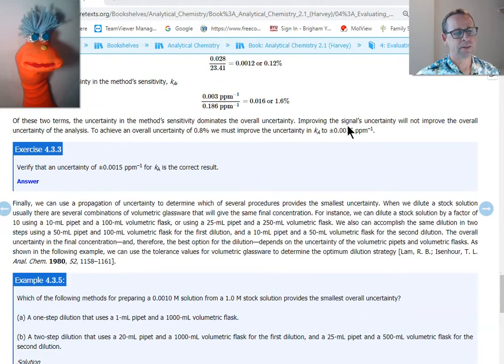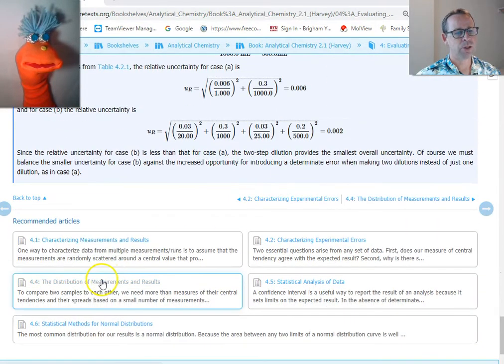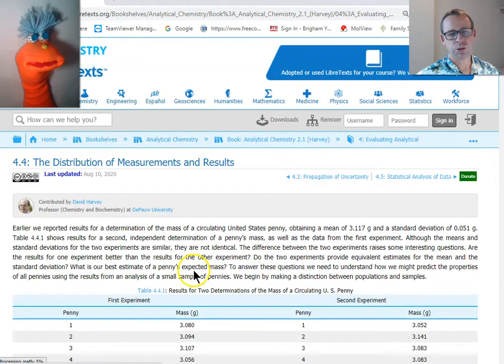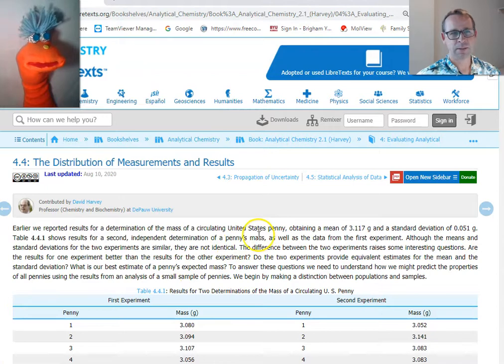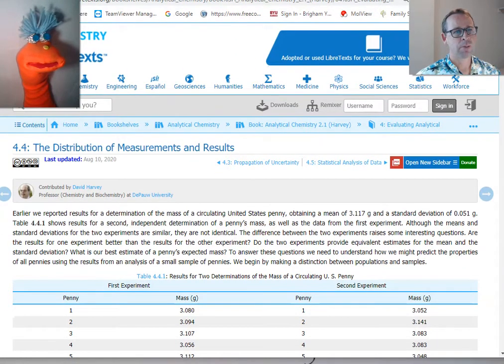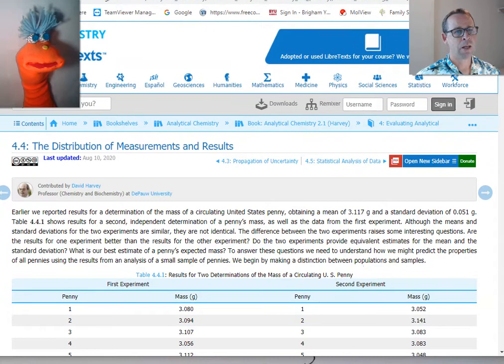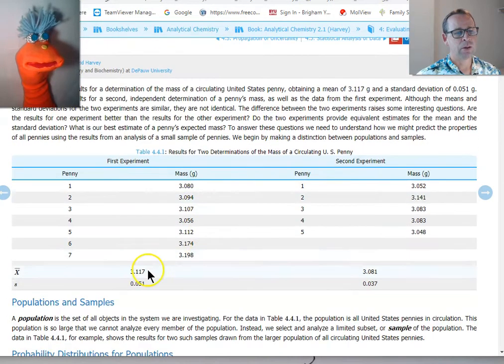Good. Excellent. So now moving on to our distribution of measurements. We talked a little bit about measuring pennies previously, right? If you had 7 measurements and got an average here and a standard deviation, and then in a second experiment where you had only 5 pennies measured and got a different average and a different standard deviation, right?